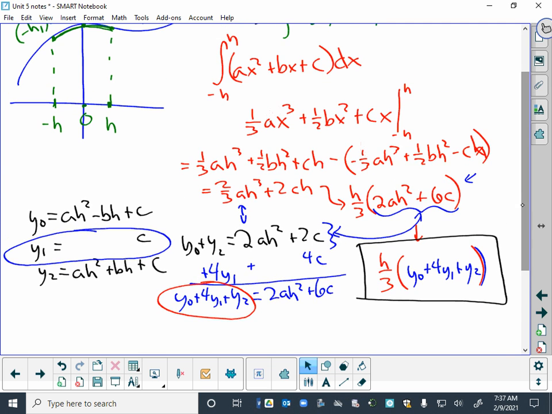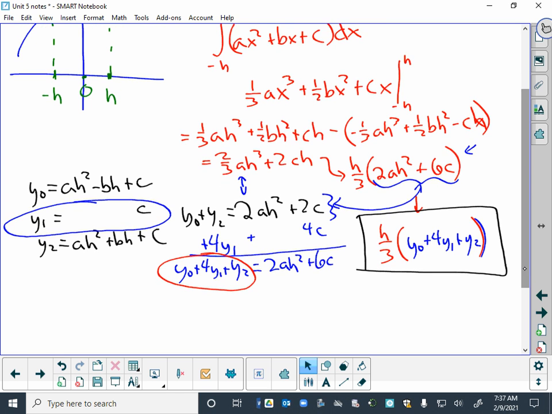And you'll also notice that it doesn't matter anymore where I centered this. It just has to do with what the y values are. And all that matters is the gaps are of an equal size. The divided by 3 was a result of the math that I did. So if I'm trying to memorize what's going on here, I'm just going to have to remember that it is the width of the interval divided by 3 when I'm doing Simpson's rule.